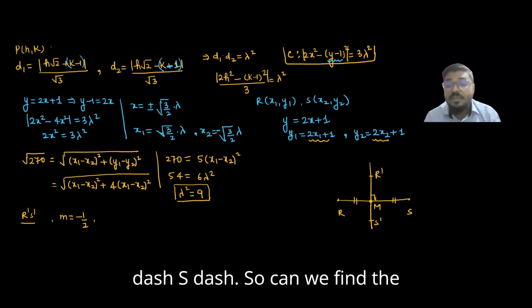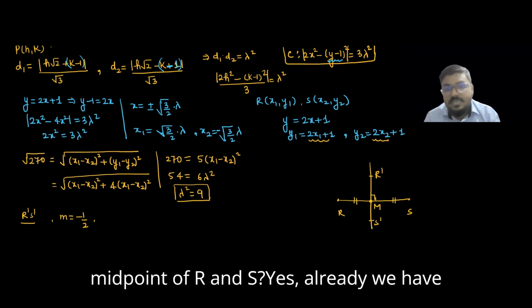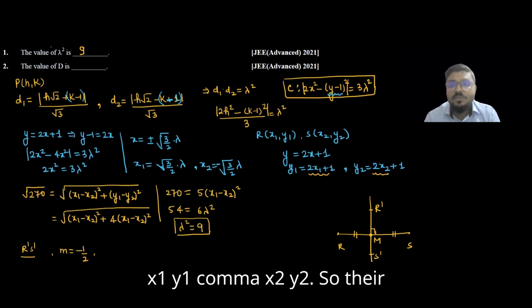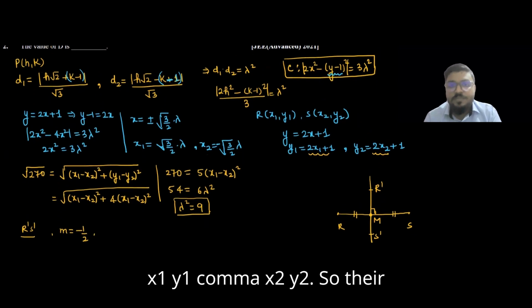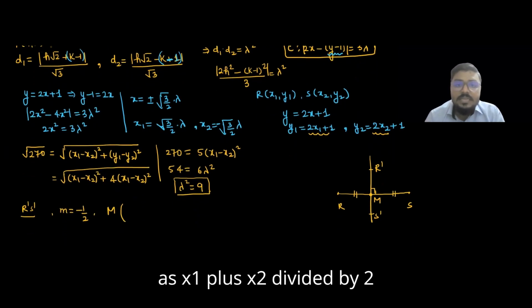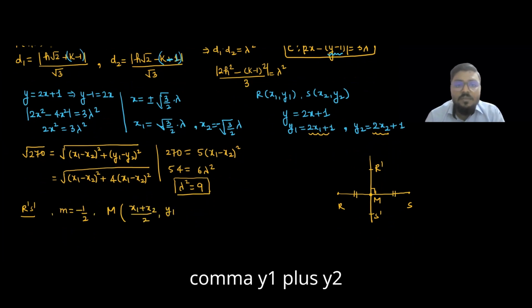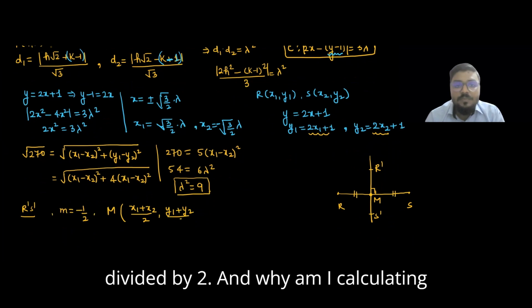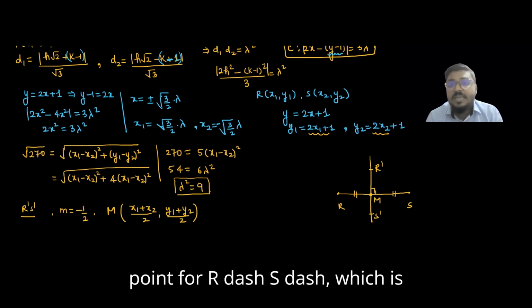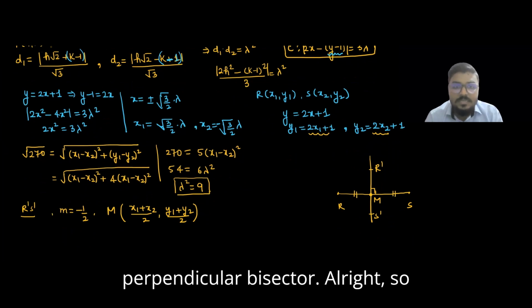So can we find the midpoint of R and S? Yes, we have already assumed R and S as (x1, y1) and (x2, y2). So their midpoint we can calculate as ((x1 plus x2) divided by 2, (y1 plus y2) divided by 2). And why am I calculating this? Because this will be the passing point for R dash S dash, which is the perpendicular bisector.